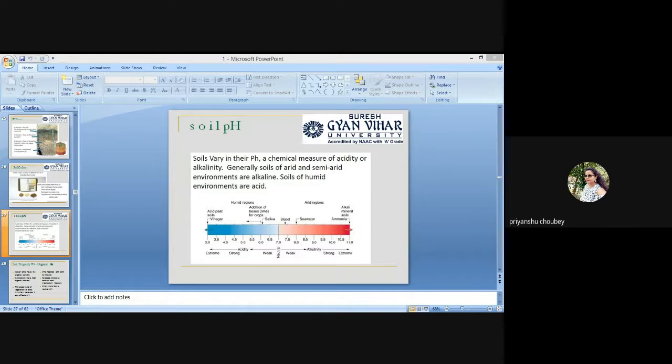The aluminium ions hydrolyse and produce hydrogen. If the hydrogen is neutralized by a base, for example calcium carbonate, aluminium in the soil solution precipitates as aluminium oxides.